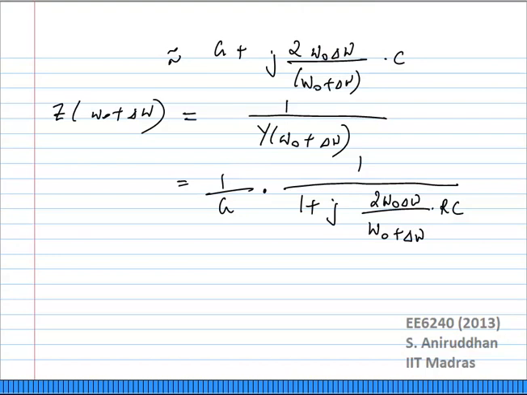Now we are going to try to not just simplify this further, but rewrite this in a slightly different form in terms of quantities that we already know about the RLC tank. Obviously, one thing we used was omega naught squared LC is 1.